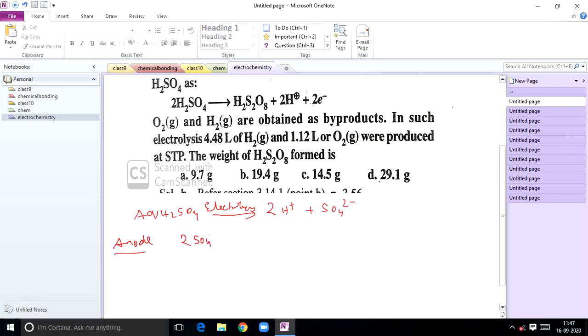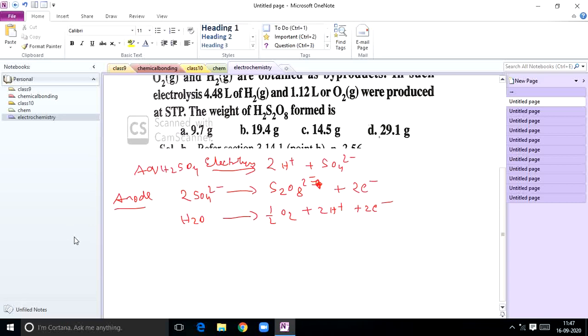Here at the anode, the sulfate ion turns into S2O8 2- plus 2 electrons. Which reaction will occur at the anode? First of all, this is the reaction, and there is another possibility: H2O gives rise to half O2 + 2H+ + 2e⁻.